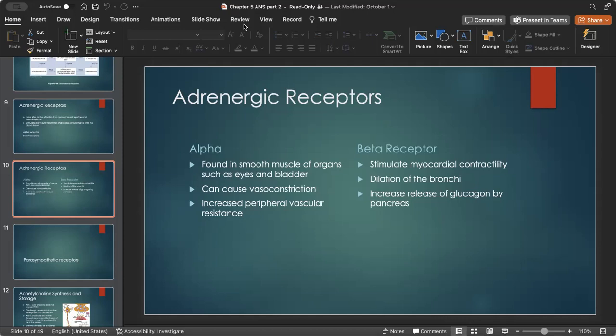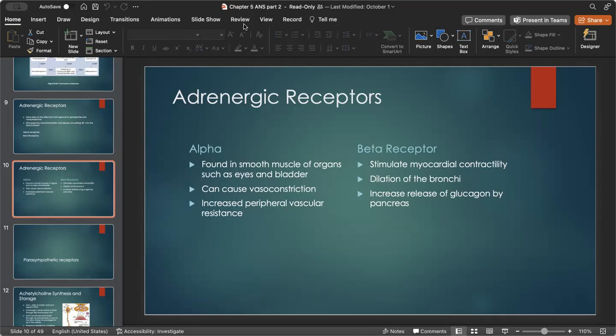Beta-1s, on the other hand, increase the heart rate as well and the blood pressure, but they also increase the heart's contractility. Next, we have alpha-2. Don't really need to know much about that. There's not really many drugs, so I'm not going to really get into that one. But beta-2 works in the lungs, so it causes bronchodilation, which becomes really, really important because it helps expand the lungs, which you'll see a lot in your respiratory medications.